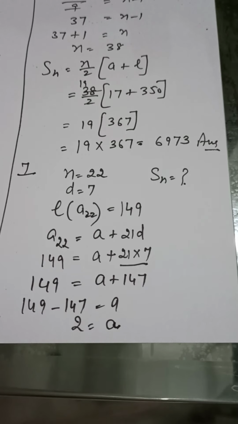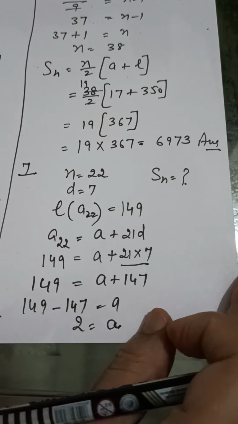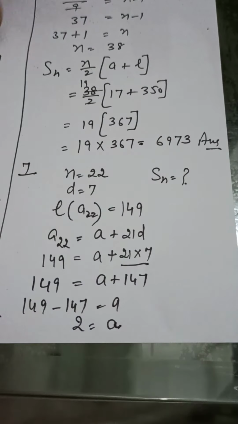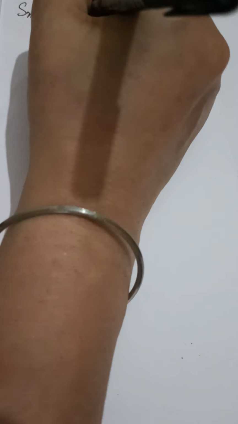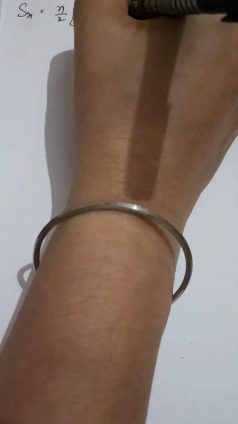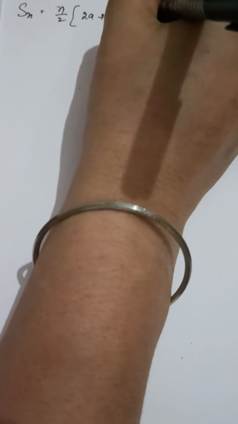Now we have to find Sn. Sn is equal to n upon 2 into 2a plus n minus 1 into d.